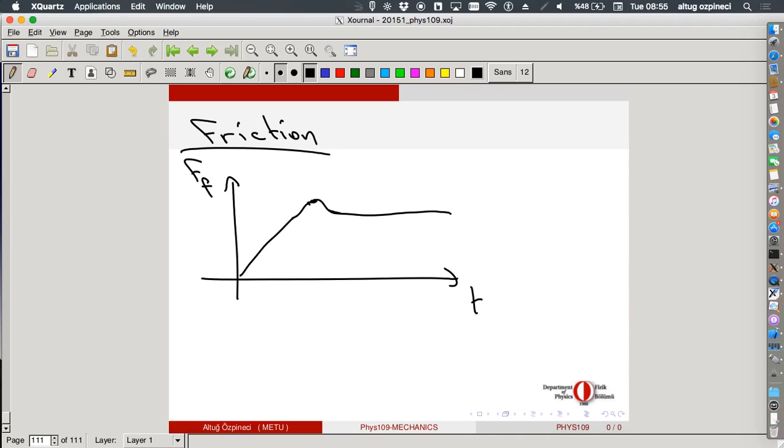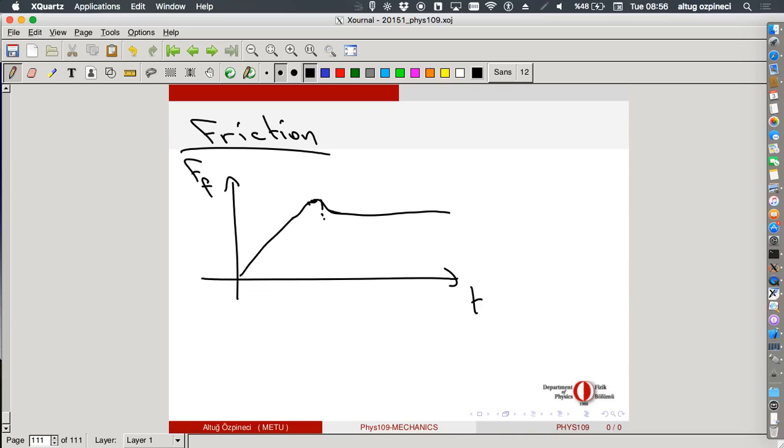And again, experimental observation tells us that the friction force doesn't change with time. Although my object is accelerating after that point, when I reach this maximum force, I kept the force that I am exerting constant, so its speed is increasing. Although the speed is increasing, the friction force stays constant.